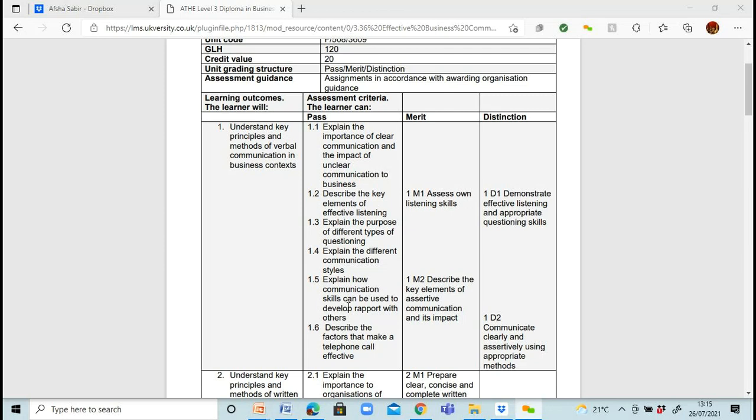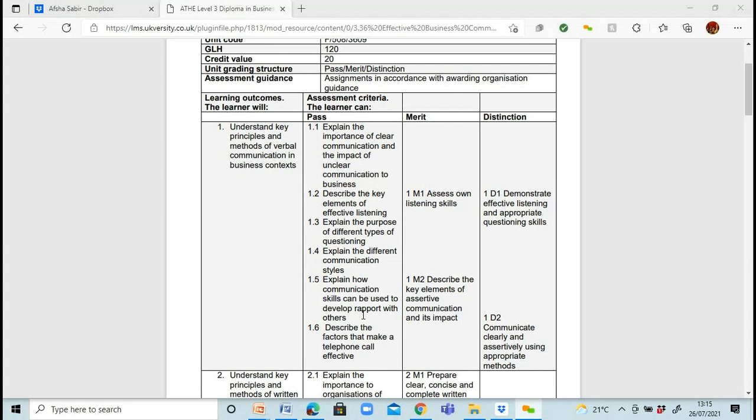When I was doing my assignment, I felt like I was answering the same question in different forms. Exactly, repetition is a really big thing through all these. But then it's just that one thing that will change it. So rather than explain, sometimes it'll be an assess or an evaluate. So you're just sort of repeating yourself throughout.